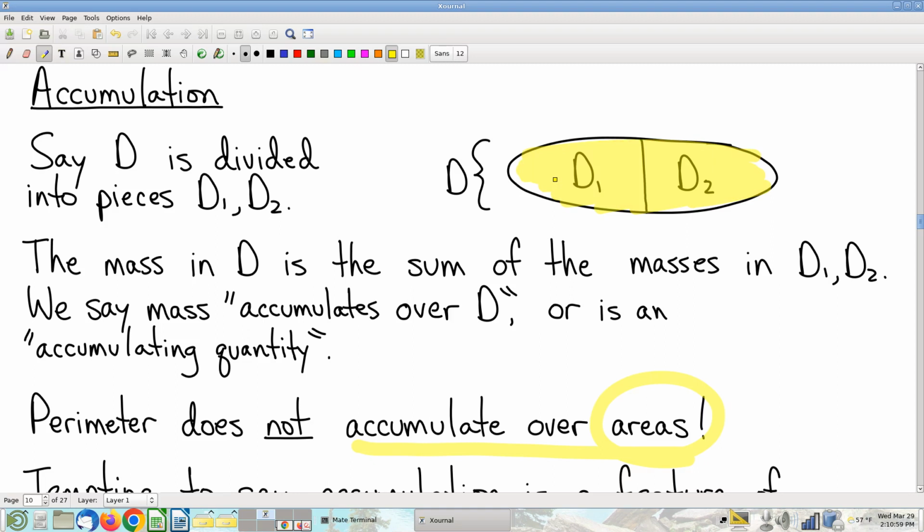So it's tempting to say that the perimeter is a feature of the boundary curve, because it's the length of the boundary curve. Importantly, we need to not take that point of view. Importantly, I want to think of perimeter as something that I associate to the area, because it is the area that I'm going to be chopping into pieces. I am not chopping the perimeter into pieces. I'm chopping the area into pieces. Does everybody see the distinction there? Everybody have any questions? Feel free.